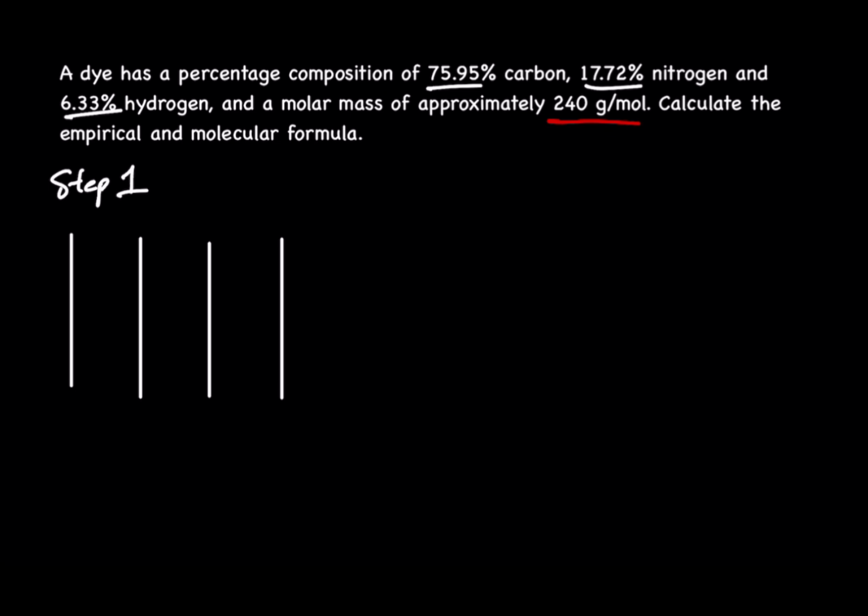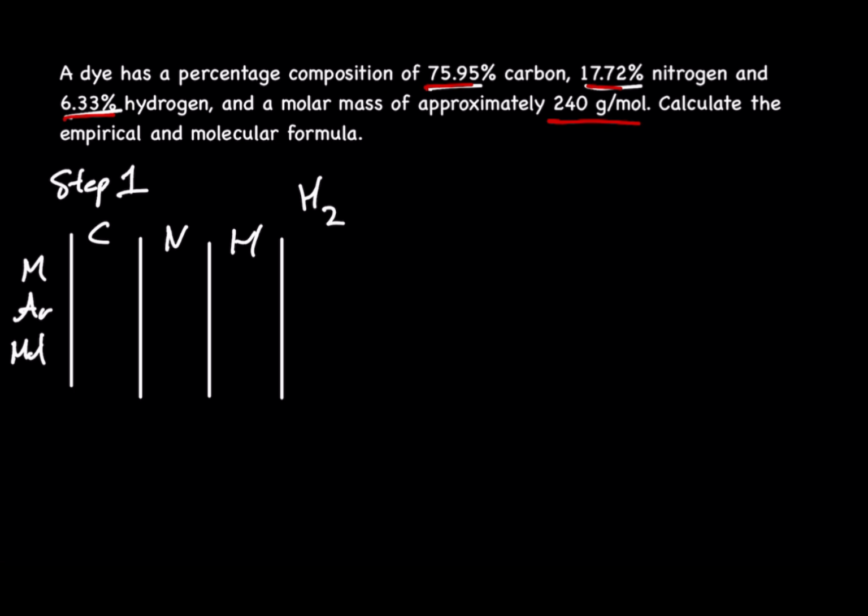You take carbon, nitrogen, and hydrogen. Remember, only write the atoms, don't put something like H2 in there. You take your mass, your atomic mass, and your moles. Because these percentages all add up to 100, we can take the percentages as grams, essentially the mass.